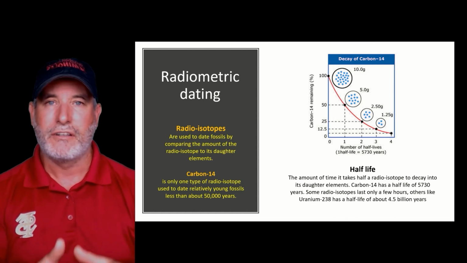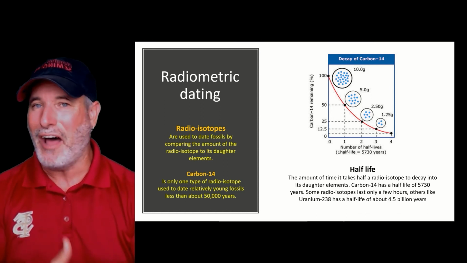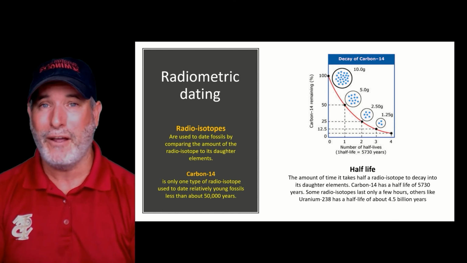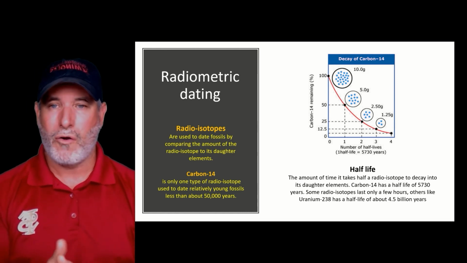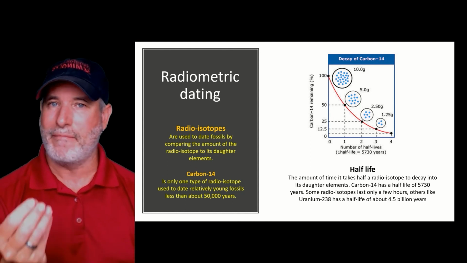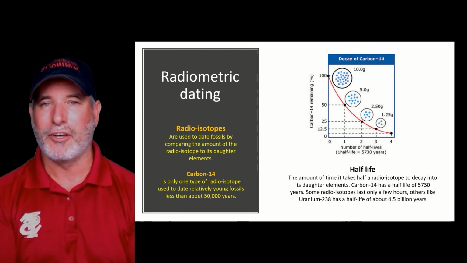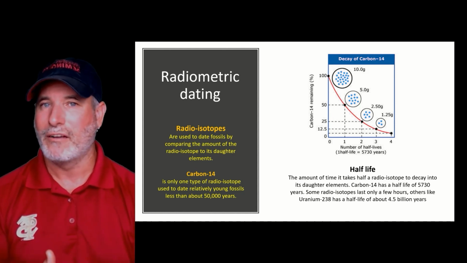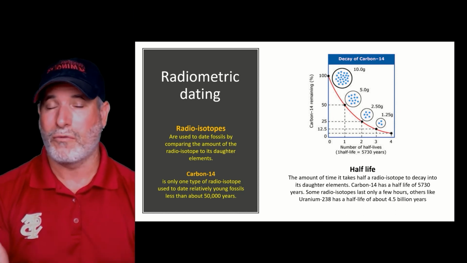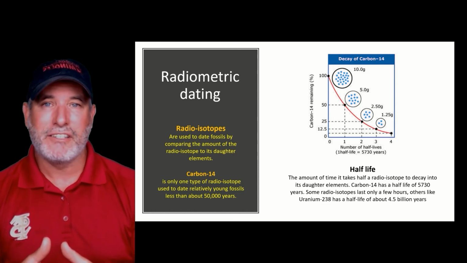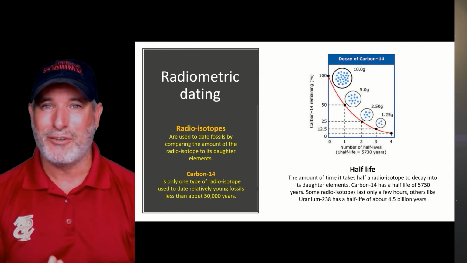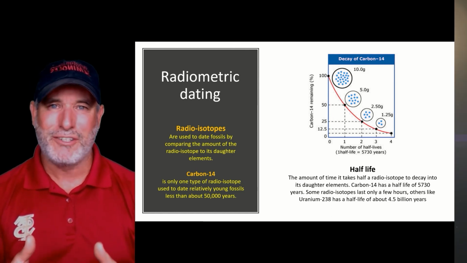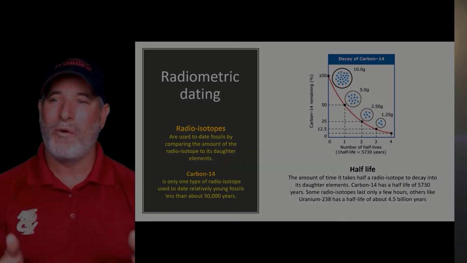They do this at a set time that's not affected by temperature, pressure, or chemistry. So I can look at my ratio of parent to daughter isotopes, and I can age the rock or the fossil or the rock layer. What's nice is we don't rely on just one isotope. We might use several isotopes. And when all these isotopes give us a similar age, we know we're doing it right.